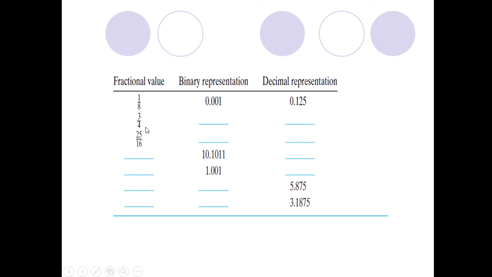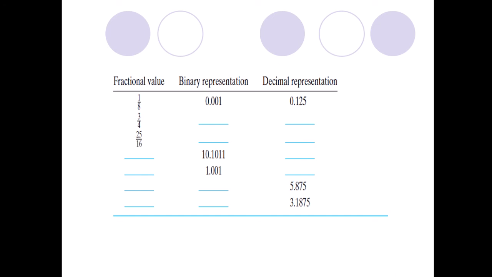So take this as an assignment. You need to solve the whole table mentioned here in order to have some practice related to binary or decimal representation conversion towards fractional values. As you know, for the case of decimal representations, you know how decimal 5 is converted into binary.